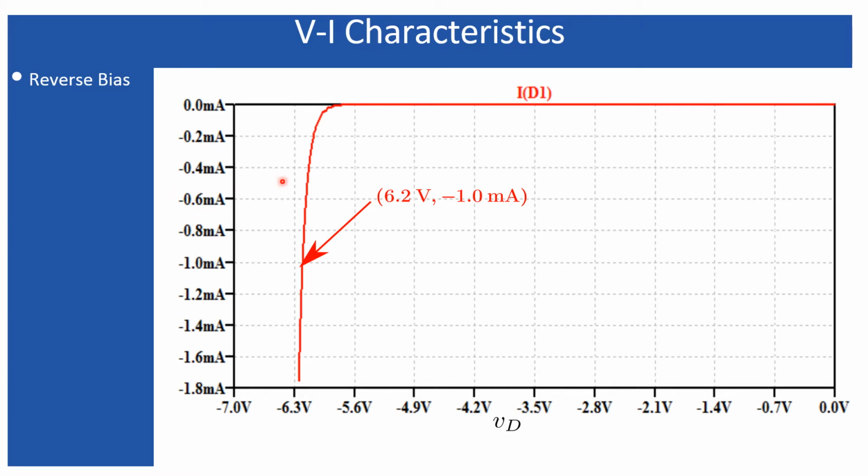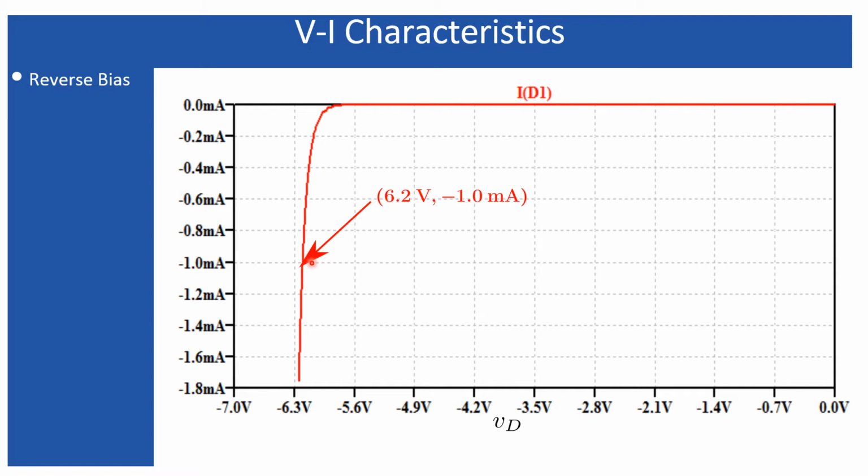But in the case of a Zener diode, we do want a huge current to flow when the Zener diode is in breakdown mode, at the breakdown voltage, and we generally do operate a Zener diode at the breakdown voltage. The Zener diode I have used to demonstrate the reverse bias characteristics has a SPICE model with a breakdown voltage of around 6.2 volt.